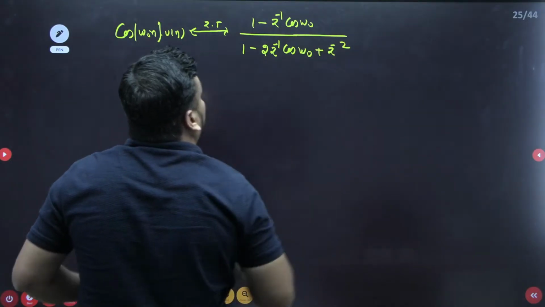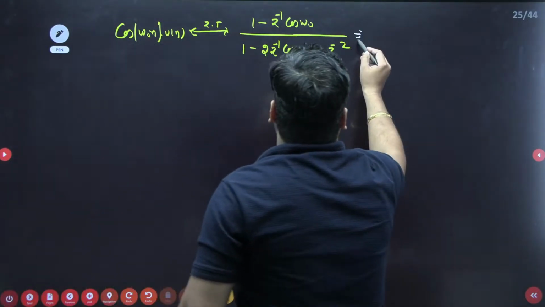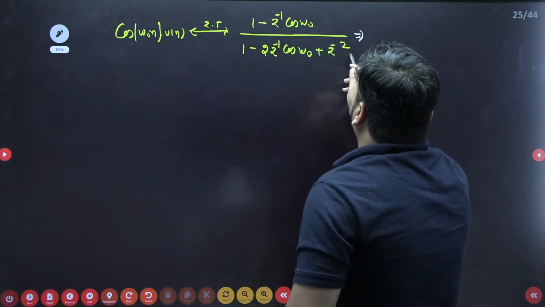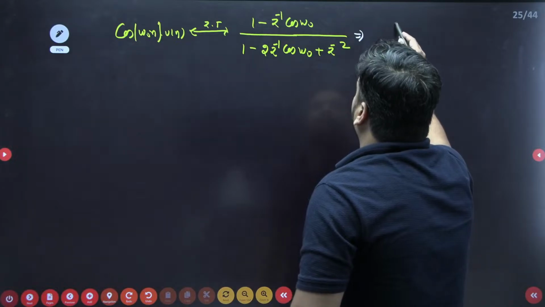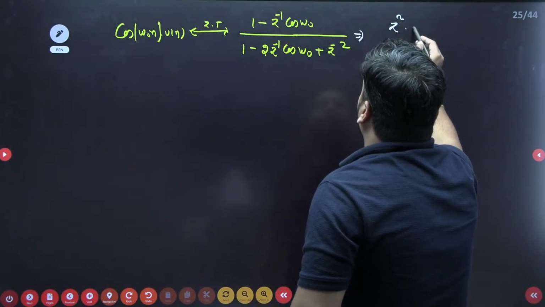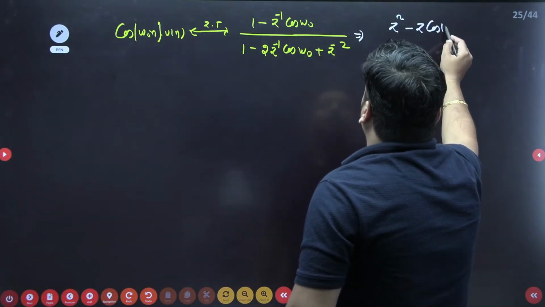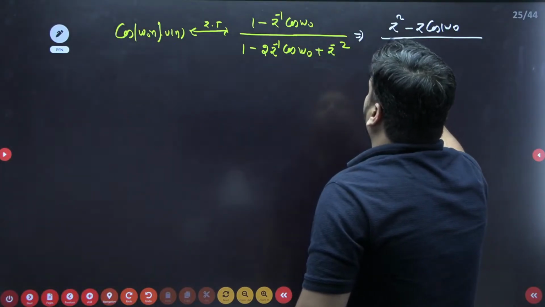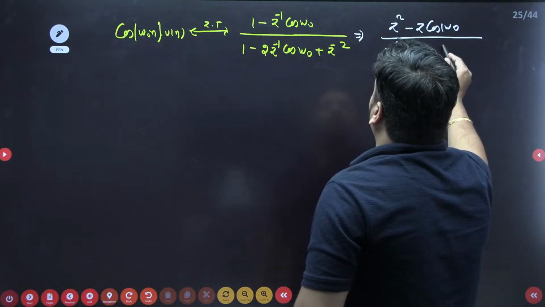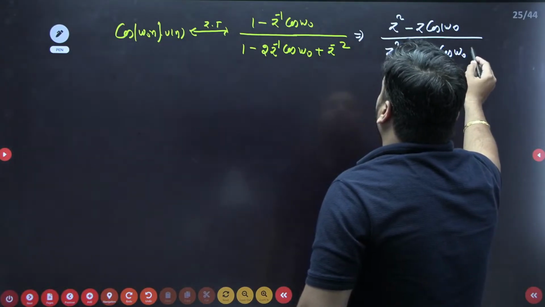And this can also be written as, if I take common z to the power minus 2 and transfer it to the numerator, z square minus z cos omega 0 upon z square minus 2z cos omega 0 plus 1.